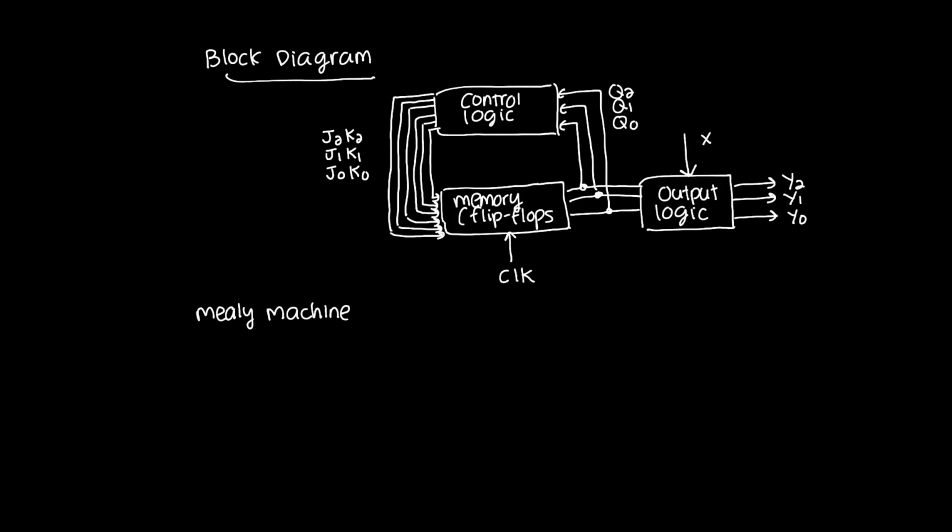It just means that my outputs are no longer synchronous, and maybe I'm feeding these outputs to another circuit, and it's important for that circuit that the inputs, which are the outputs of this state machine, be fully synchronous. So that's why we make a distinction between Moore and Mealy machines.